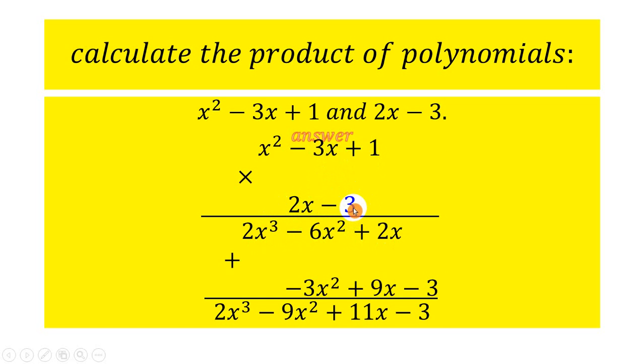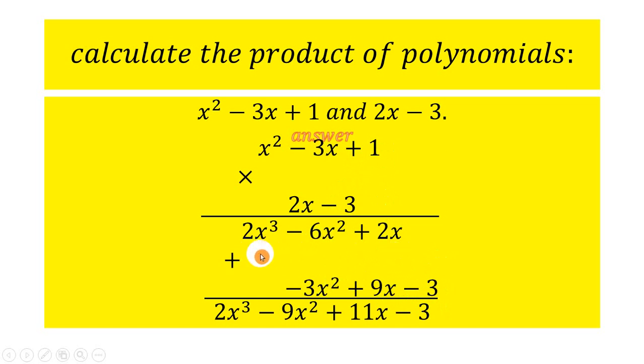And then we multiply all the terms. Minus 3 times x squared is equal to minus 3x squared. Minus 3 times minus 3x equals 9x. Minus 3 times plus 1 equals minus 3.